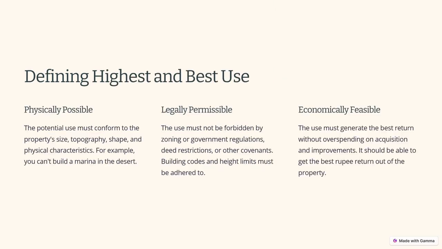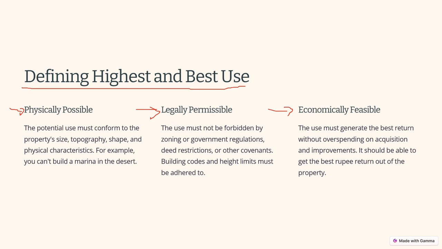So, what is the definition of highest and best use? So now we will define what is highest and best use. That use which is physically possible, legally permissible, and economically feasible, that is called highest and best use. Physically possible means the potential use must conform to the property size, topography, shape, and physical characteristics.